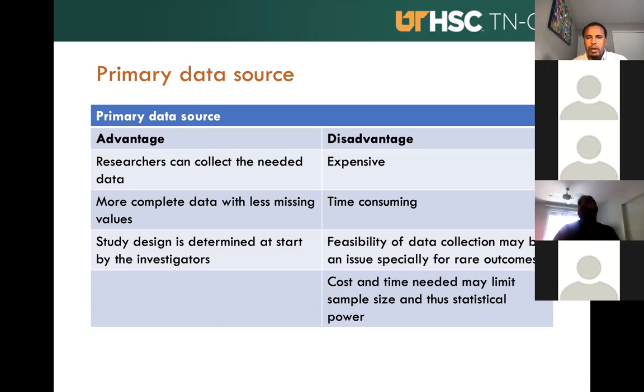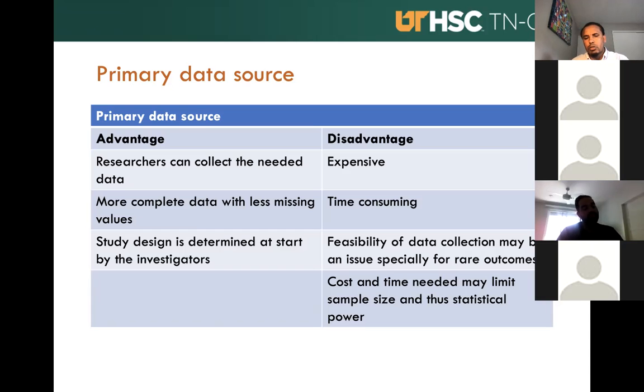If the outcome is very rare, or if the outcome is a health condition that requires pathological changes that take many years, such as cancer, a primary data source is not a good method to collect the data for such studies.